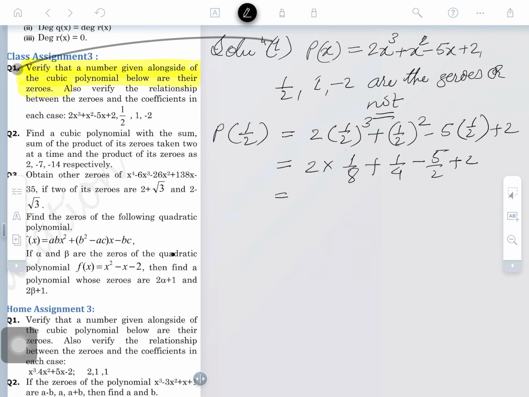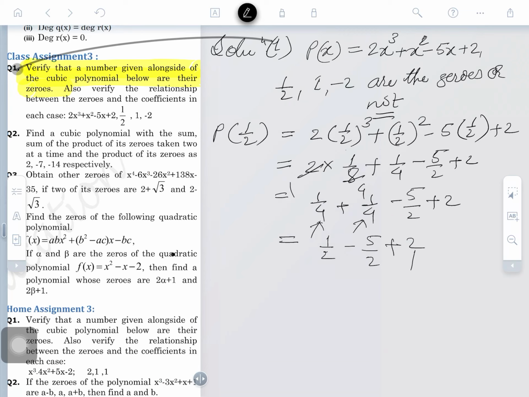Further it cancels: 1 by 4 plus 1 by 4 minus 5 by 2 plus 2. 1 by 4 and 1 by 4 means quarter plus quarter, half, and minus 5 by 2, and plus 2.